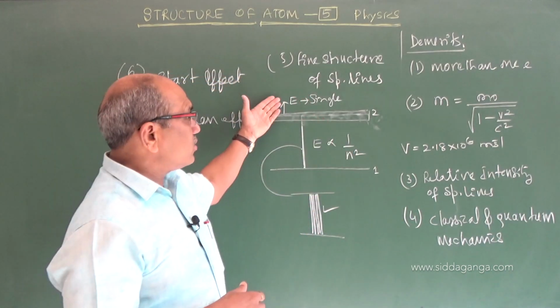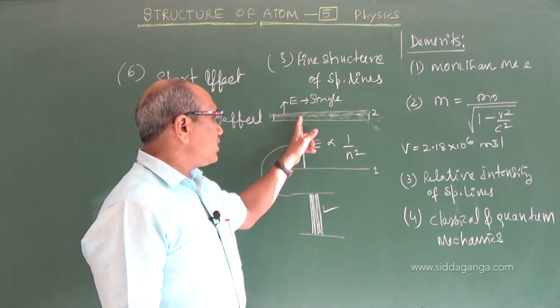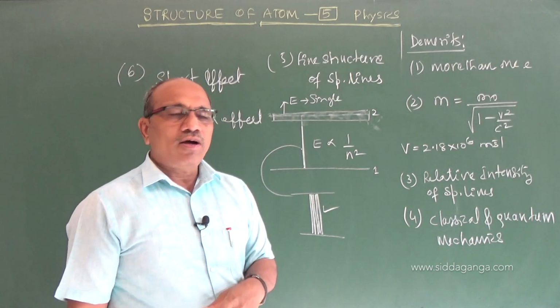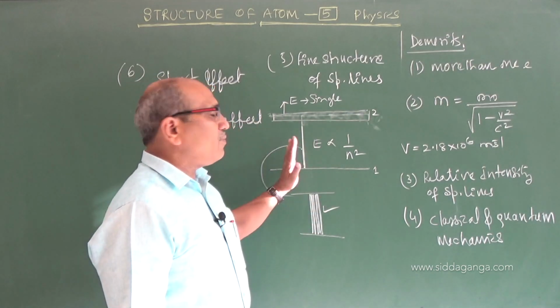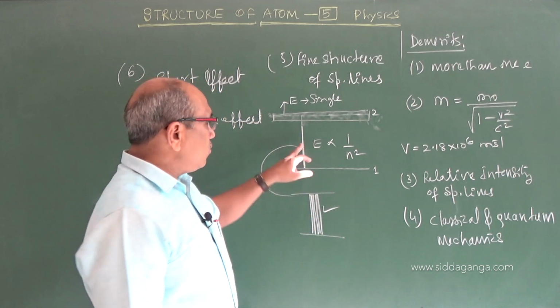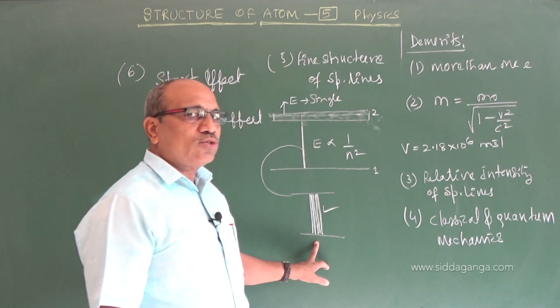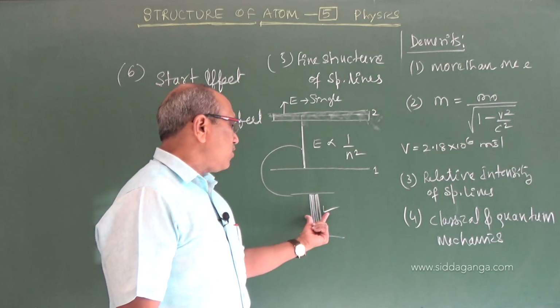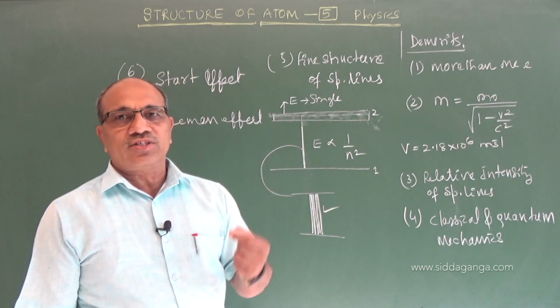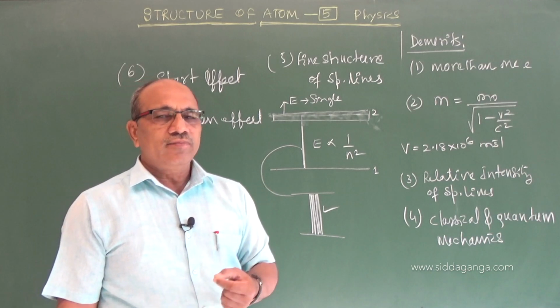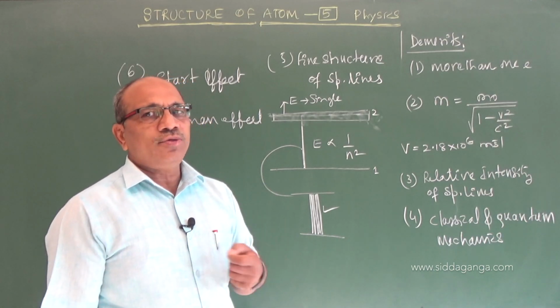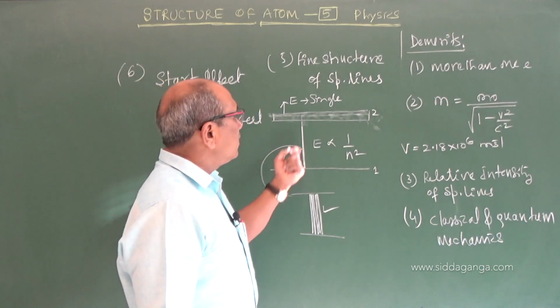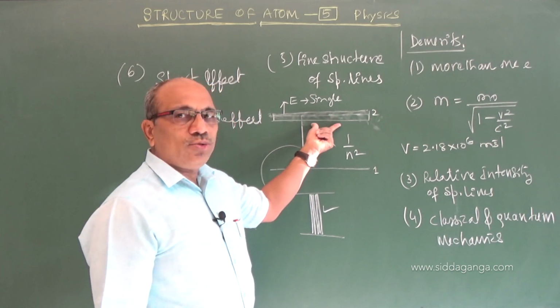And fine structure: a single spectral line in an ordinary microscope, when we look through a high power resolution microscope, appears to be made of many different lines with small changes in wavelength, which gives an insight that the energy is not unique.